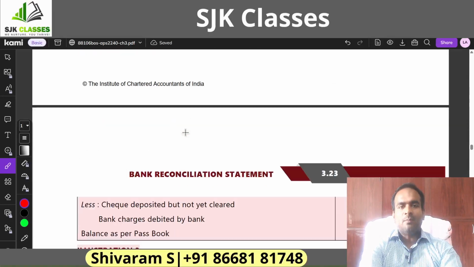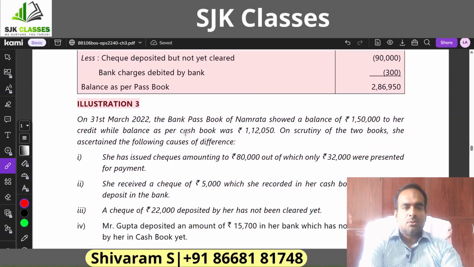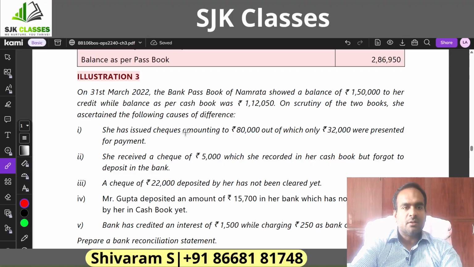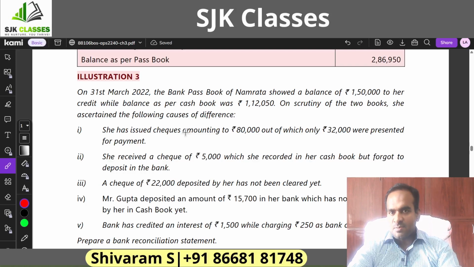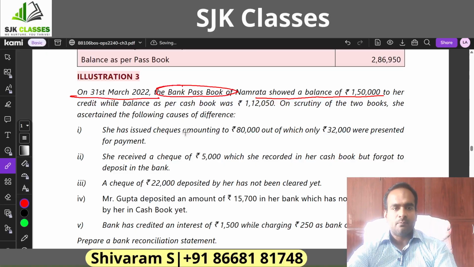Now let's take up a few more questions. Illustration number 3. What is given here? On 31st of March 22, as I told you, BRS will be done on a specific date. On this date, the bank passbook of Namrata showed a balance of 1,50,000 to her credit.